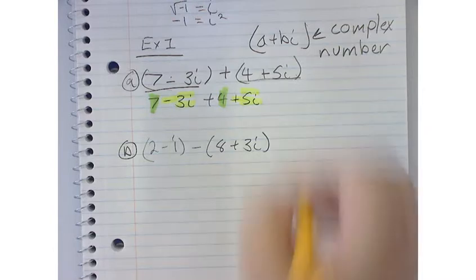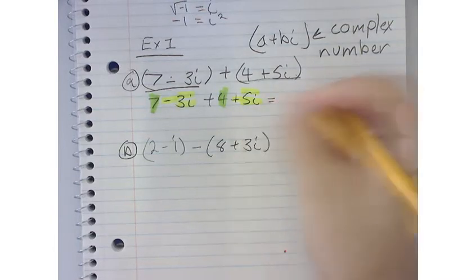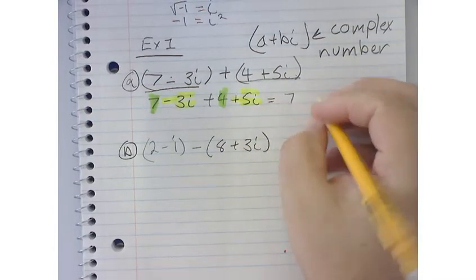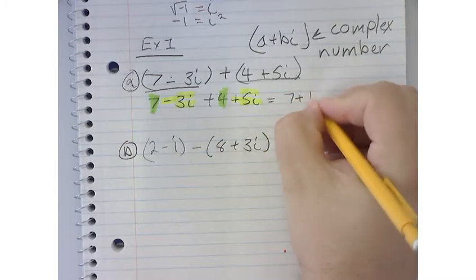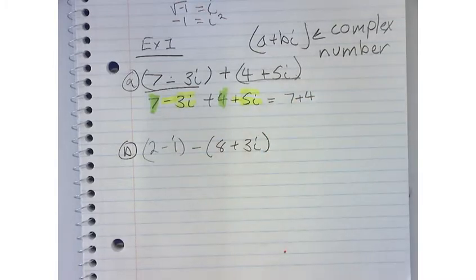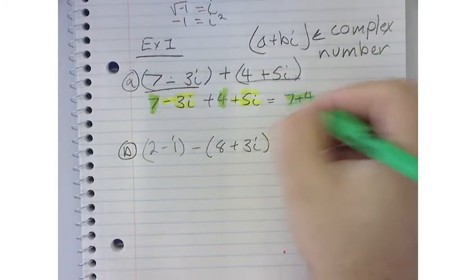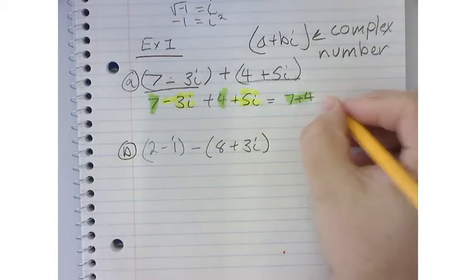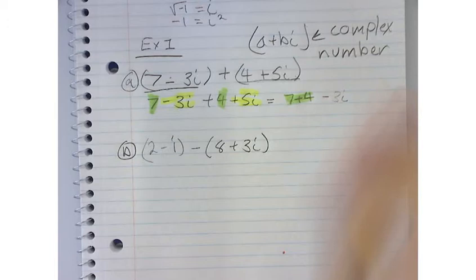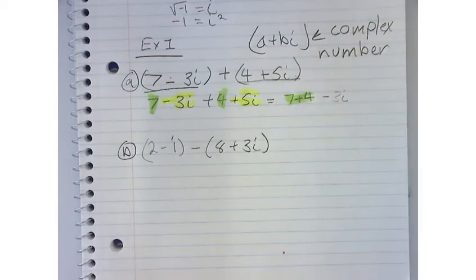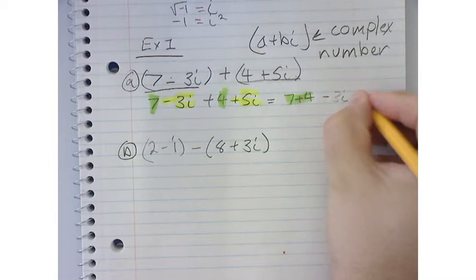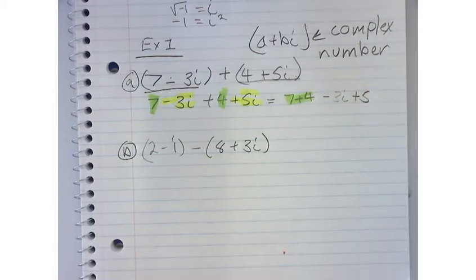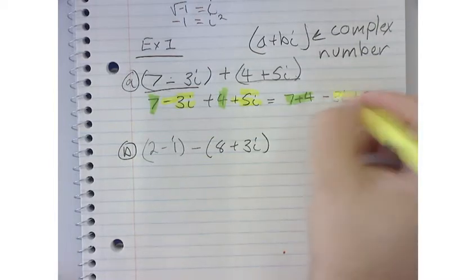So what I'm really going to do is say 7 plus 4, and that represents the real portion of the number. And then I'm going to do minus 3i, or add it to 5i, or however you want to say that. Okay, and that's going to be the imaginary part.